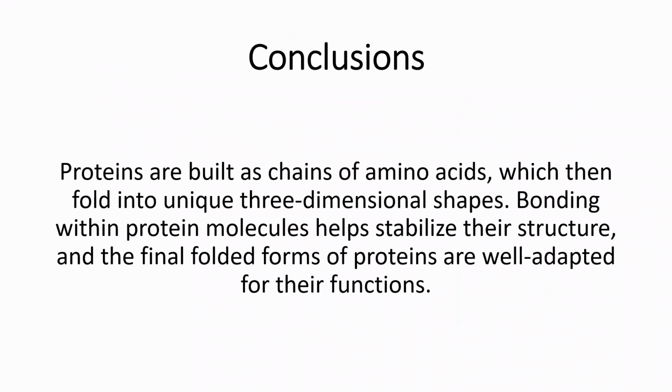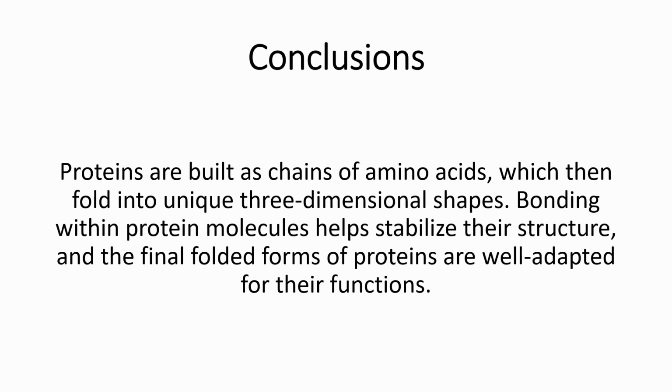As for the conclusions, we know that proteins are built as a chain of amino acids, which then fold into certain unique three-dimensional shapes, depending on the environment and on the side chains of the amino acids contained in the long polypeptides.